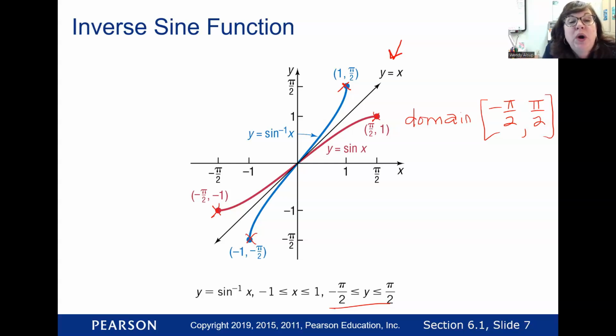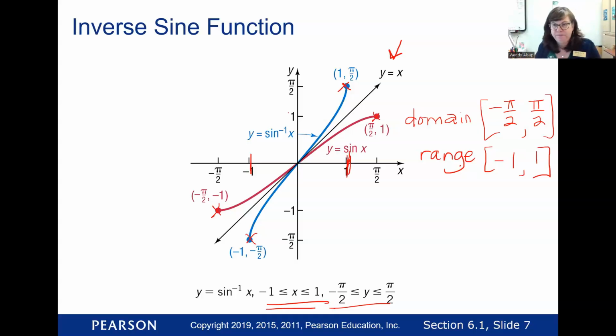So our inverse goes down to negative pi over 2 and up to pi over 2. And on our original, our range went down to -1 and up to +1. Now that's our domain on our inverse. Our blue one starts at -1 and goes to 1.